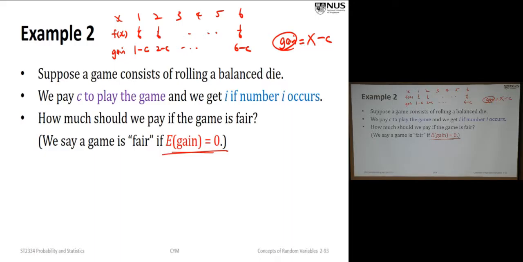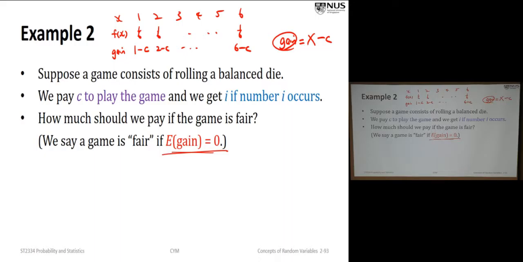Although I don't know what C is, I know that it's 1 minus C, 2 minus C, 3 minus C, and so on. So it's not a constant, it's a variable. Then ask yourself, is this a random variable? Do you have the information about the probability associated with each of the values? So what's the chance that you got 1 minus C? It's the same as getting a 1, right?